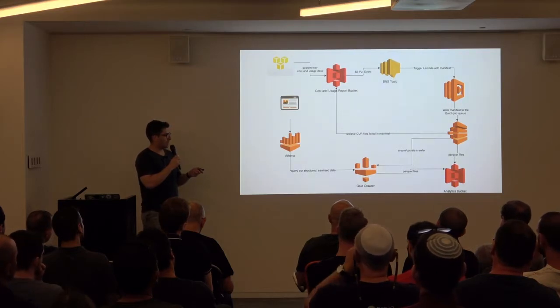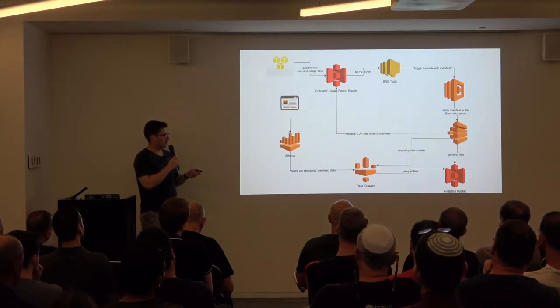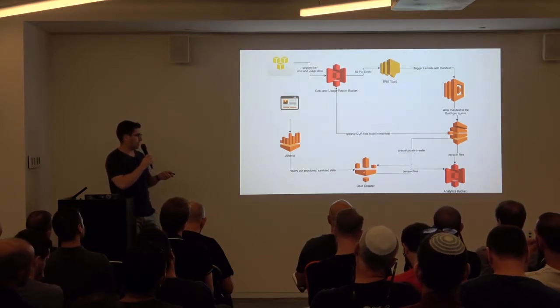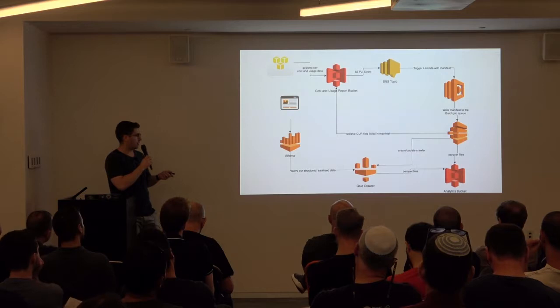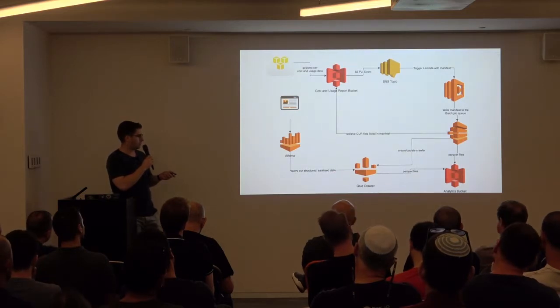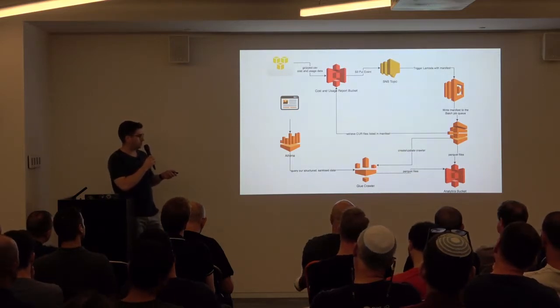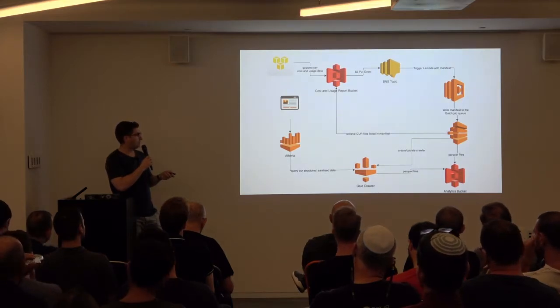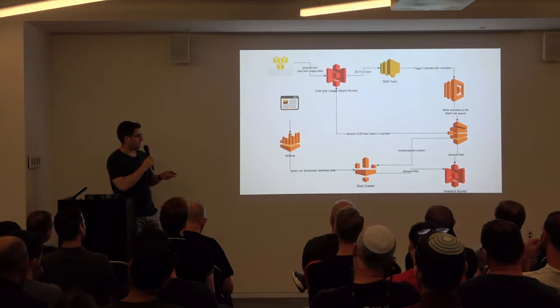The batch job then goes and creates or updates a Glue crawler, and that Glue crawler will then update Athena. The Glue crawler will have in the service catalog the latest data that's been put in our analytics bucket.